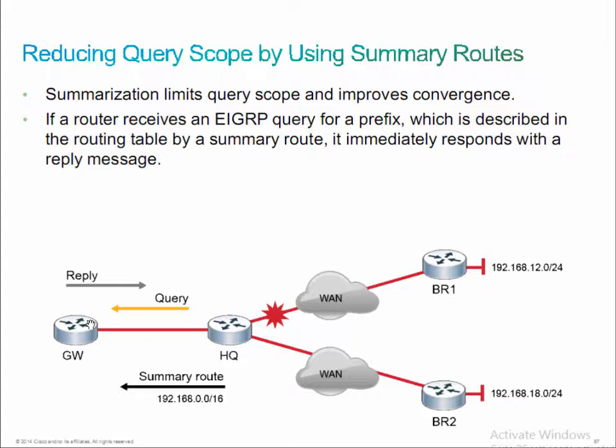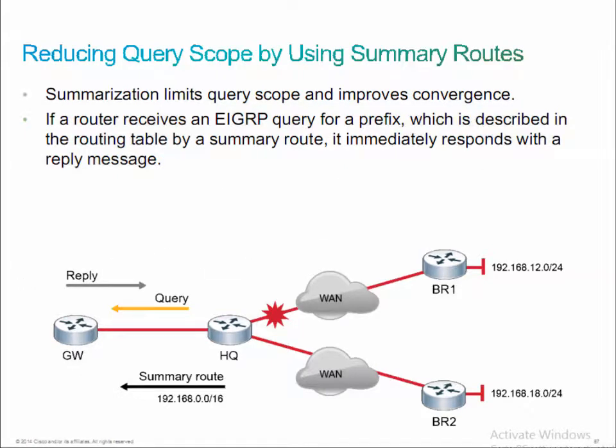All right. So this is really, to me, the better way of managing the scalability of EIGRP: to make sure that you're putting appropriate summaries into your topology so that you're reducing the size of your topology database.